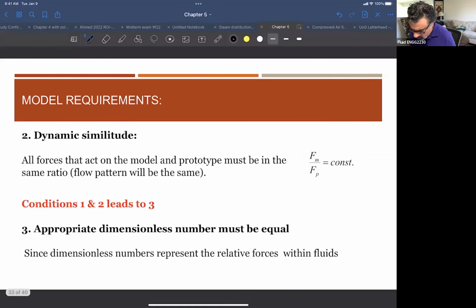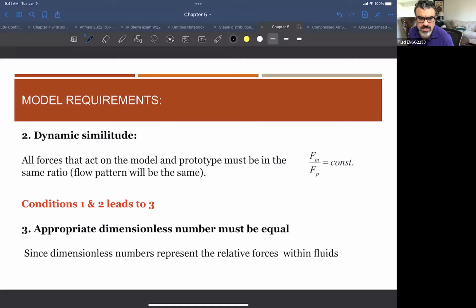Okay, the second one: you are testing something in the lab, let's say, for example, a small pump pumping fluid in a system, and this pump is representing a huge pump that is carrying crude oil between cities in a crude oil pipeline. So in this case, how can you make sure that whatever you are testing in the lab and the condition that you are testing this model on is representing the actual performance?